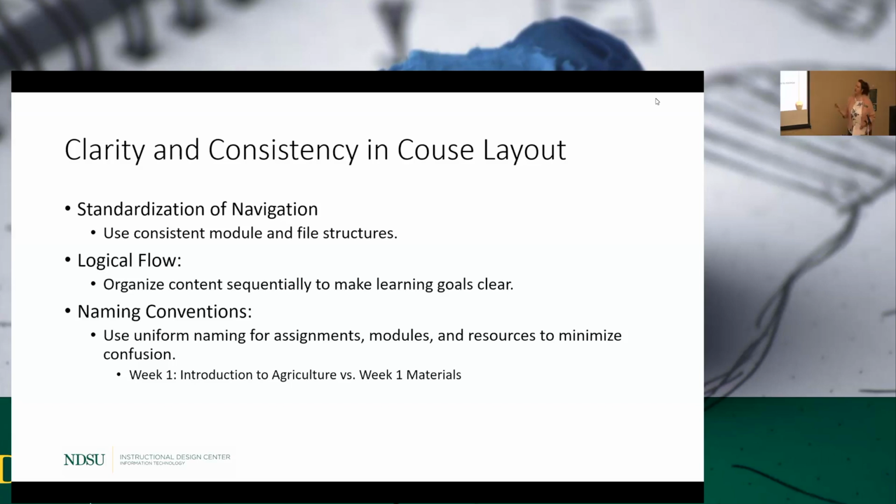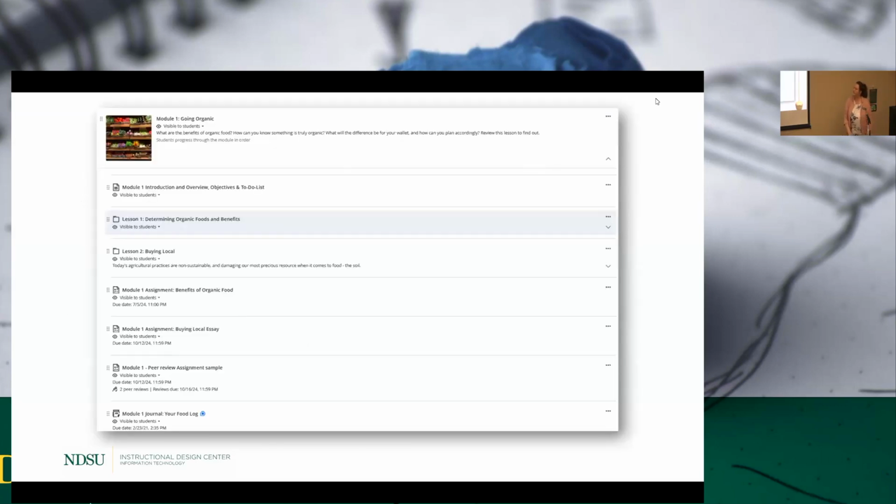All of these little steps really help students not worry about trying to find things, but really focus on the learning and start off the semester right. And it kind of gives them confidence. If I can navigate Blackboard and find things, I feel like I can do this class, right?